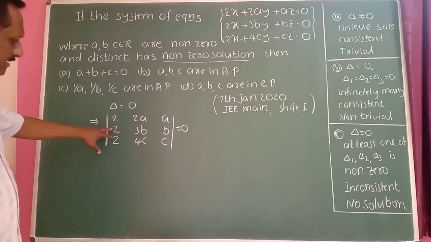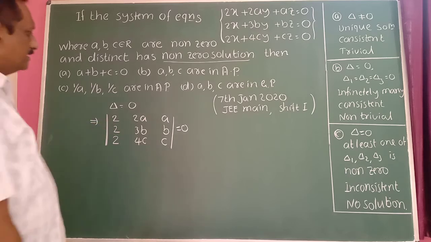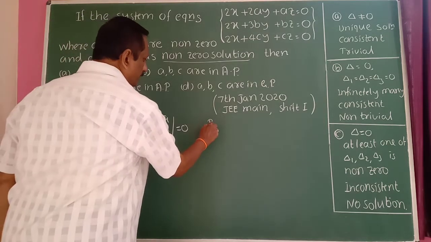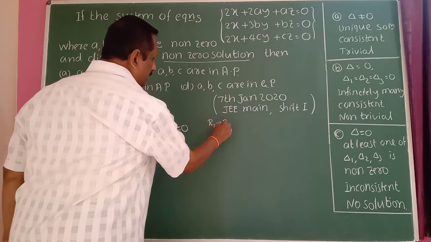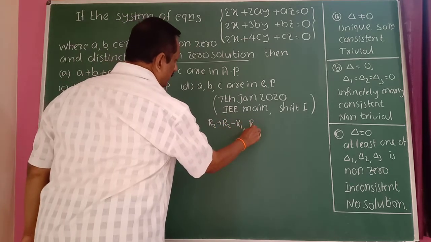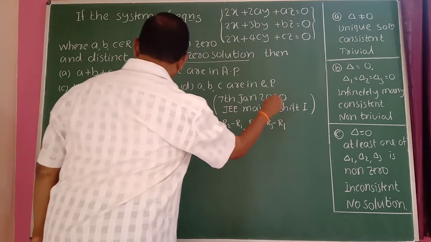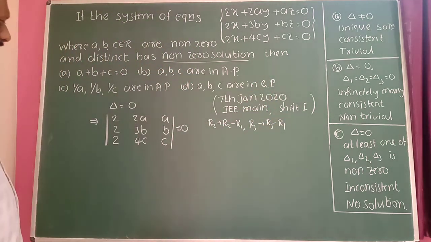Then you can make these terms 0 here. Just subtract each other. So R2 gives R2 minus R1 and R3 gives R3 minus R1 here.